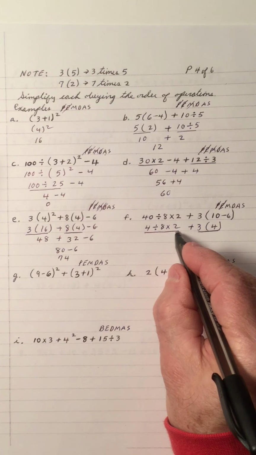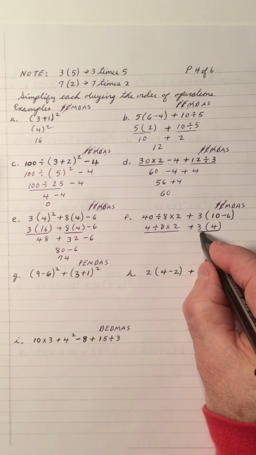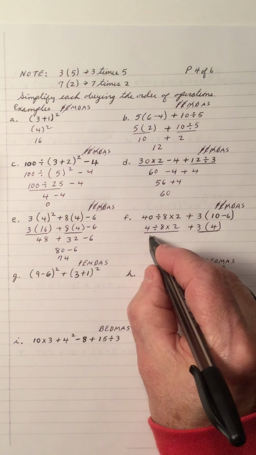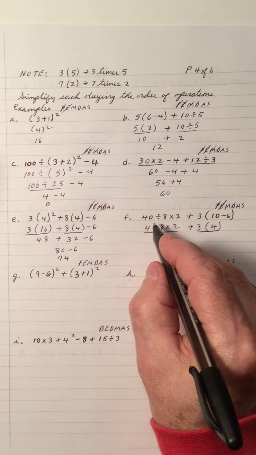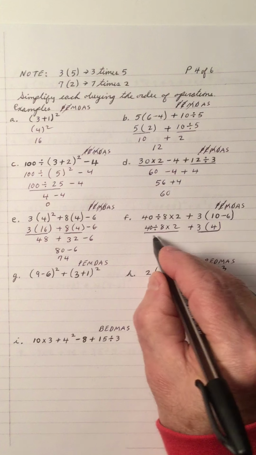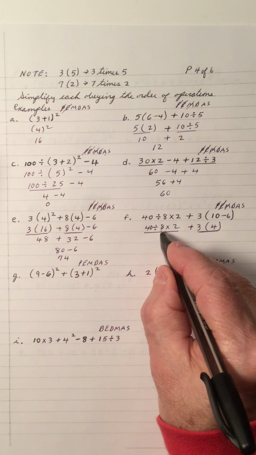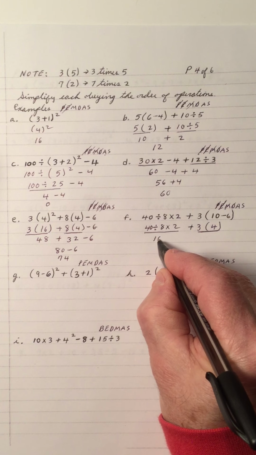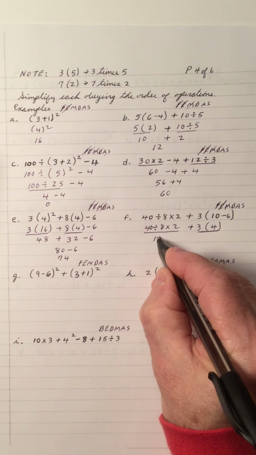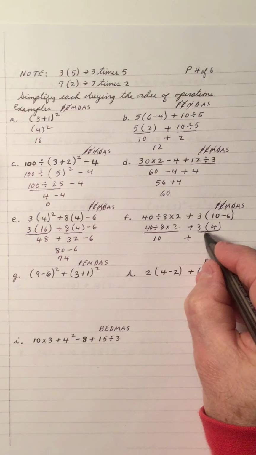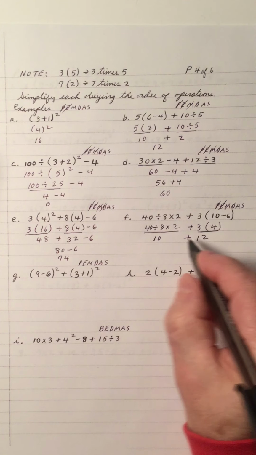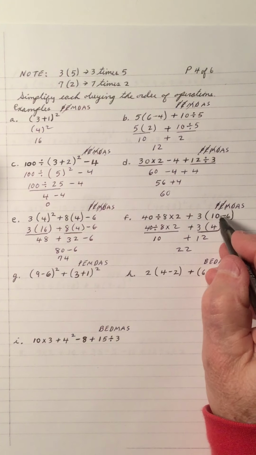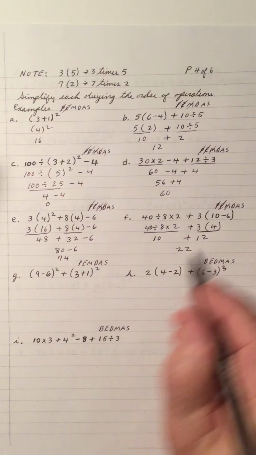I've underlined the three of these because they're together. 40 divided by 8 is 5. 5 times 2 makes 10. Do the order, plus 3 times 4 is 12, and add left, 22. Sorry about that. I never noticed the brackets there, talking and thinking.